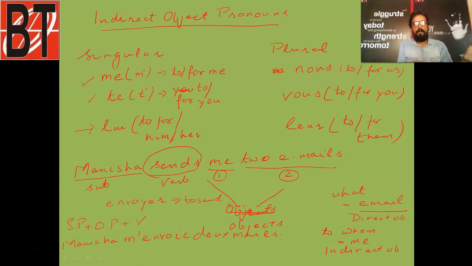The indirect object pronouns are me, te, lui. Me का मतलब होता है to me and for me. Te का मतलब होता है to you or for you. और lui का मतलब होता है to him or for him, to her and for her.